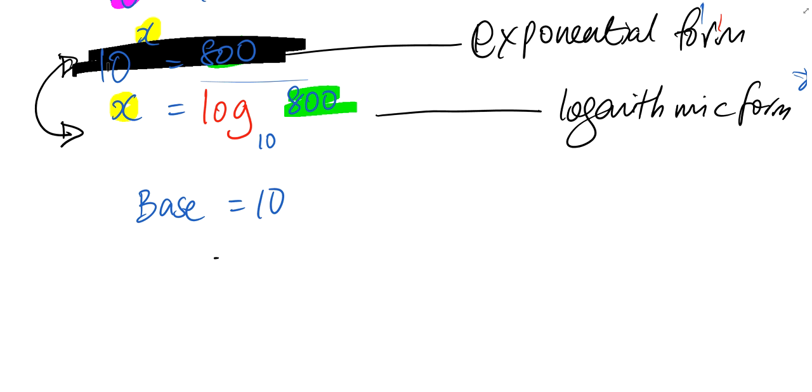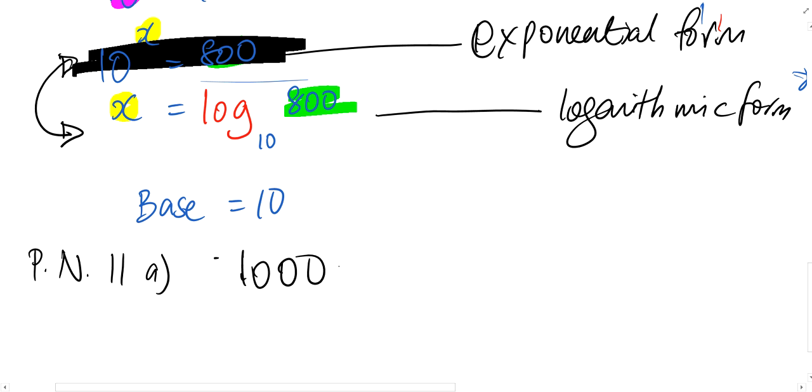We're going to convert. Practice now 11a. Convert from exponential to logarithmic form. 1000 equals 10 to the power of 3. Convert to log form. You can start with the power.